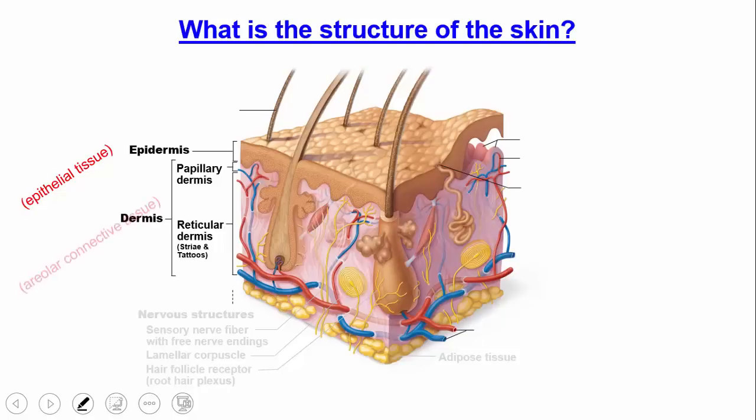The papillary dermis is composed of areolar connective tissue. Below that, the bottom part of the dermis is called the reticular dermis, and this is composed of dense irregular connective tissue. This is interesting because this is the area where, if someone gains a lot of weight, or is pregnant and gains weight through pregnancy, they'll get striae, or stretch marks.